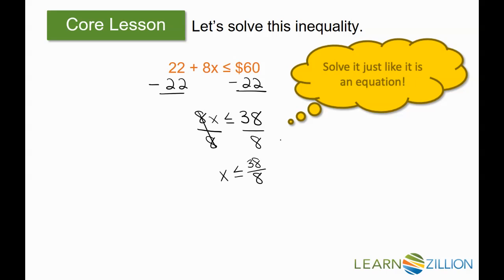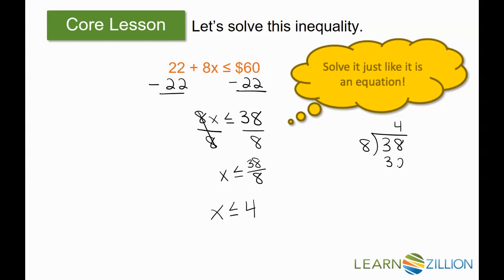Now, for the purposes of this, we're going to keep it in fraction form. So x, I know that 8 goes into 38 4 times, right? x is less than or equal to 4. We can do this with some long division if we want, right? 8 goes into 38 4 times.